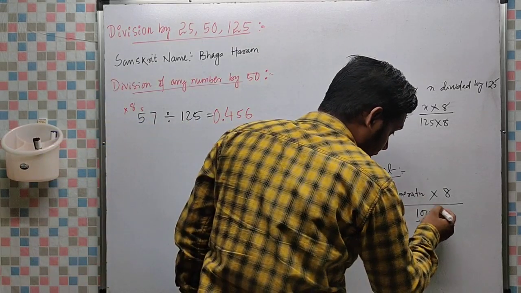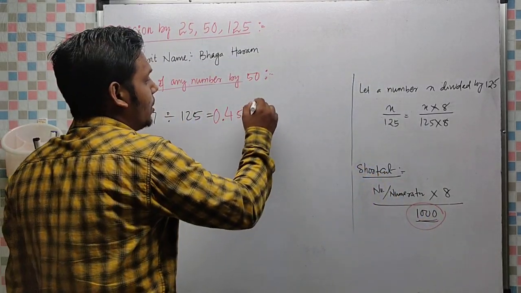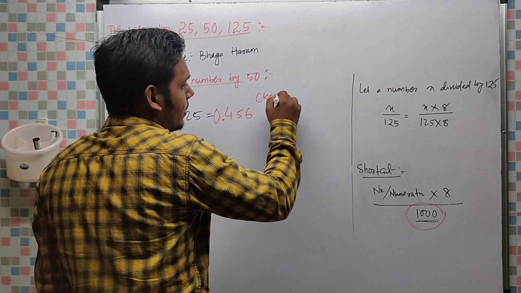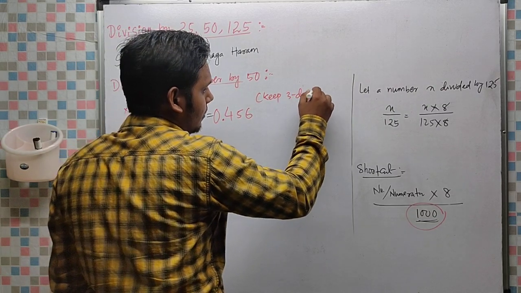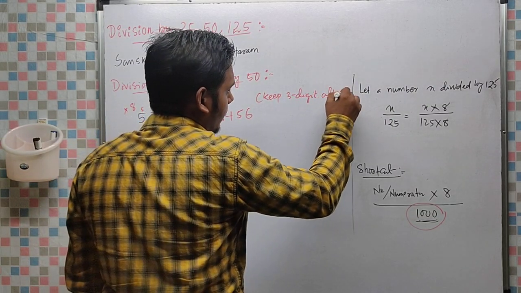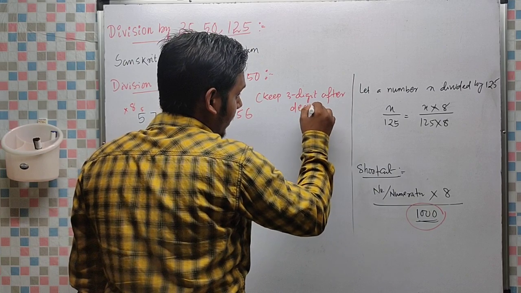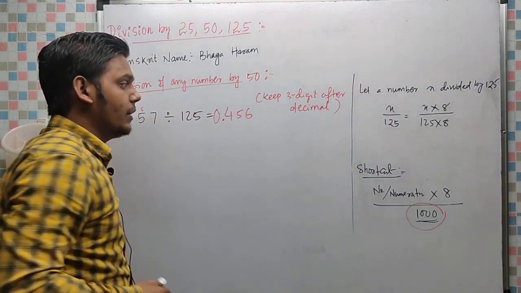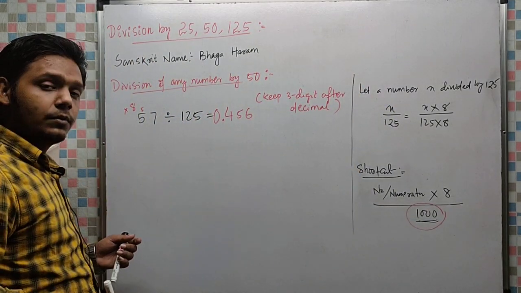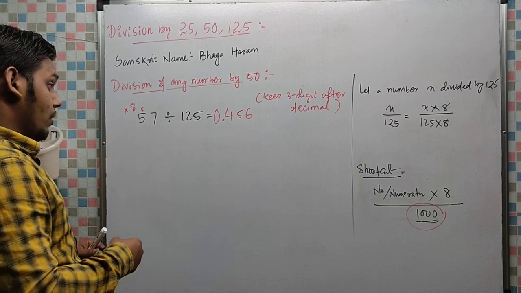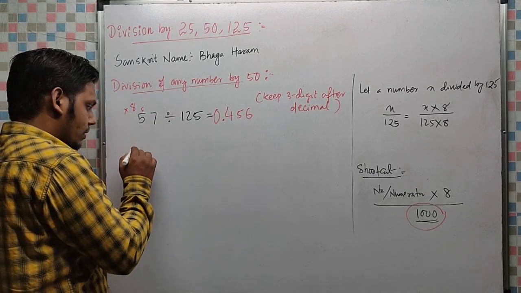Because you are dividing with 1000, you have to keep 3 digits after decimal. Keep 3 digits after decimal, because this is 125 and the denominator will become 1000. Clear?